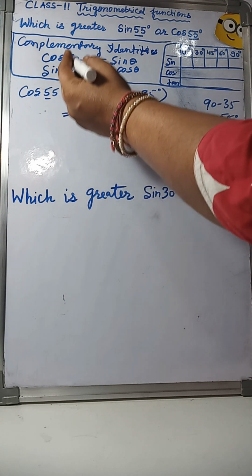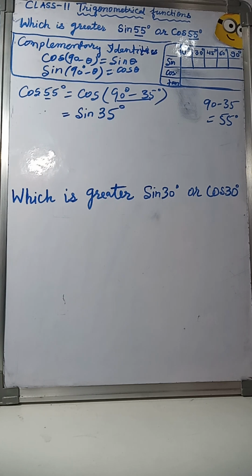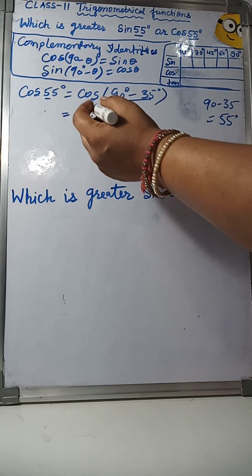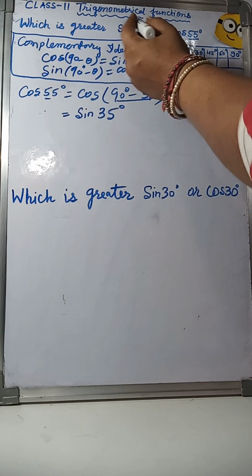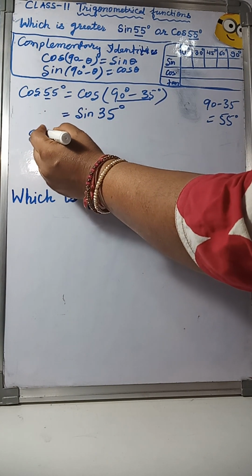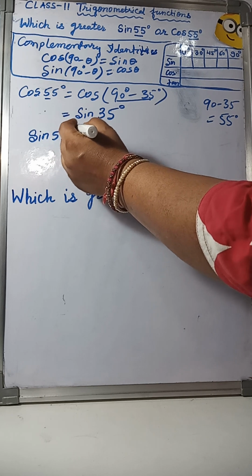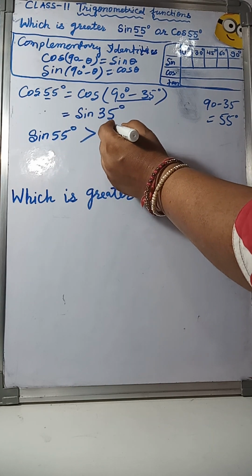And now, which one is greater? We have to prove this. So we can say that by comparing, sine 55 is greater than sine 35.